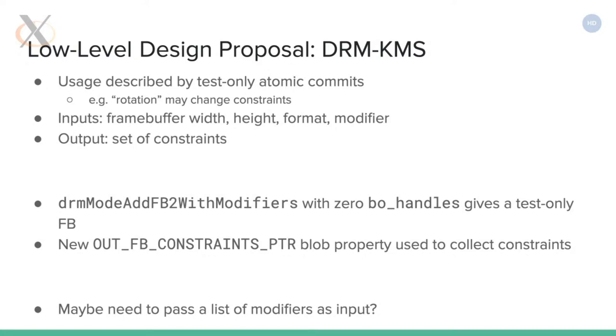And if you use this frame buffer, it gives KMS information on the width, height, and format modifier. And then KMS could fill out an FB constraints pointer blob property with a constraint set.